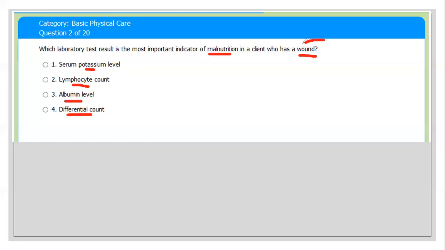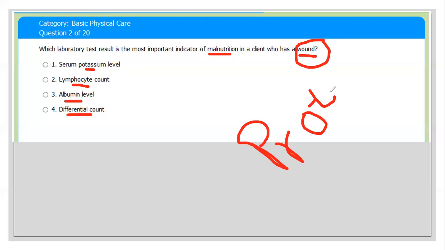The patient has a wound, so my patient needs good protein. Protein basically helps to heal the wound, and albumin is one of the smallest forms of protein, so we have to check it.